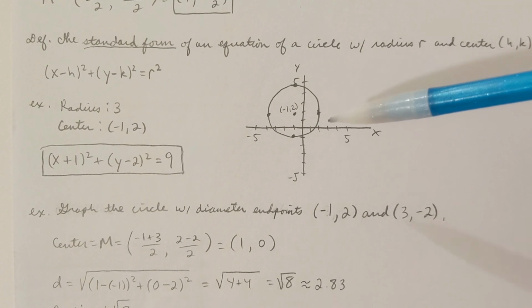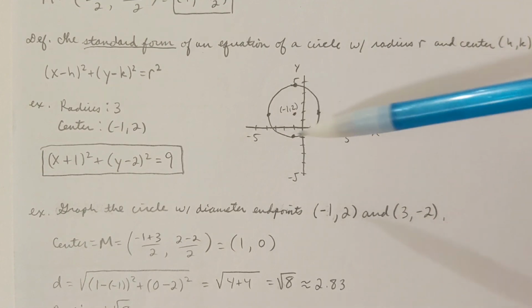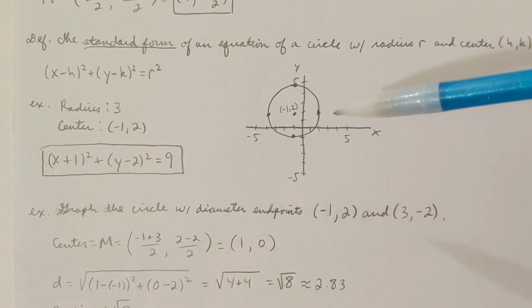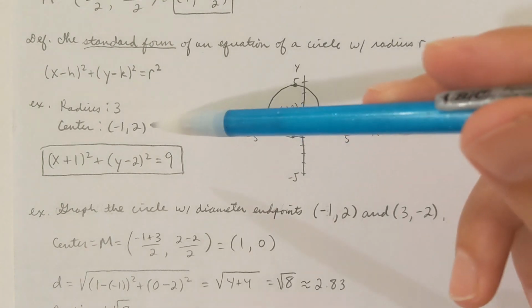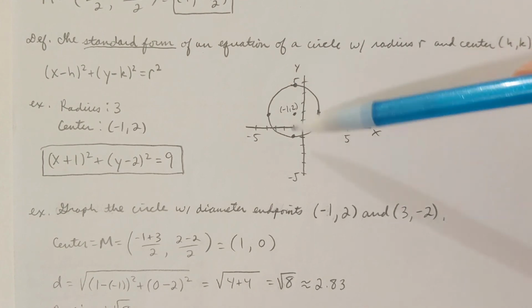And you can label these points if you want, or not, it doesn't matter. But make sure that the points are there. What I'm looking for in a problem like this is that you have the center, which is given, and the radius, creating 4 points around the center, as you see here.